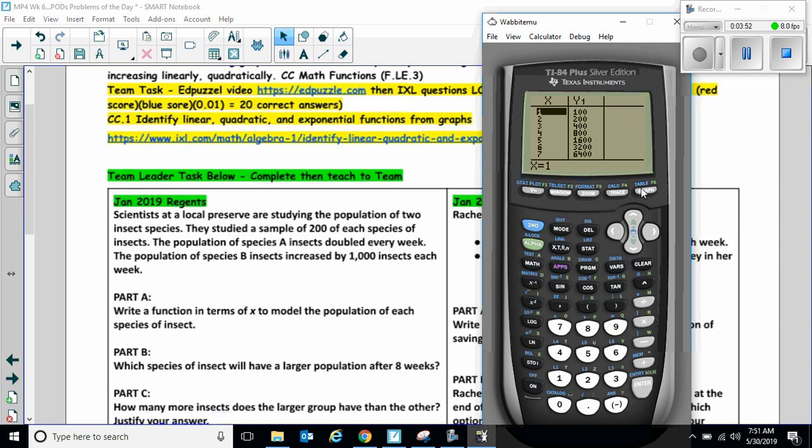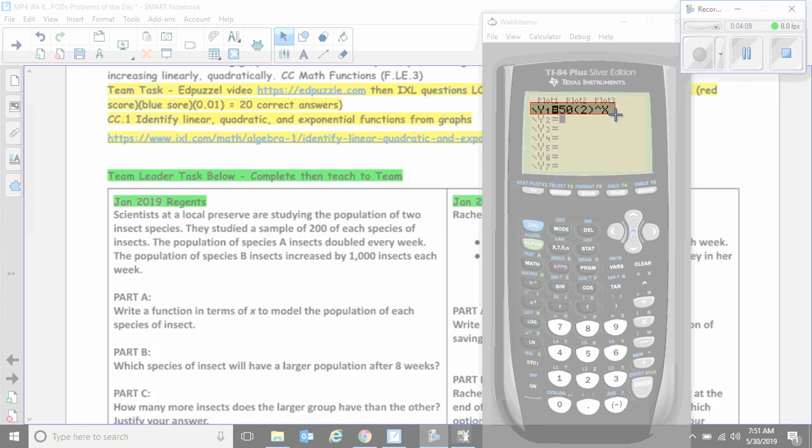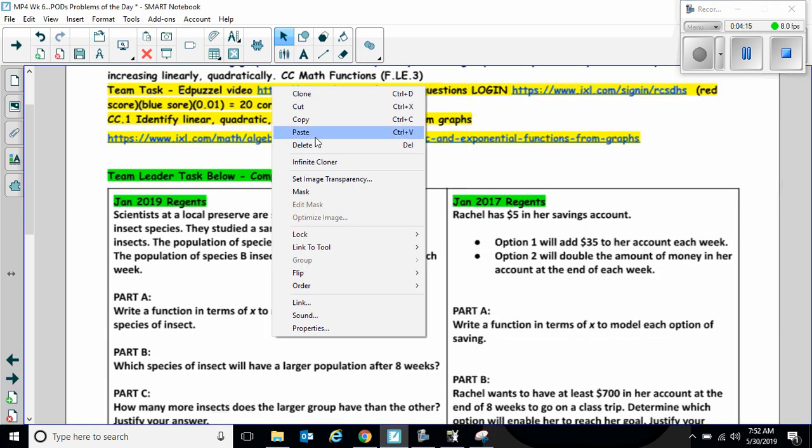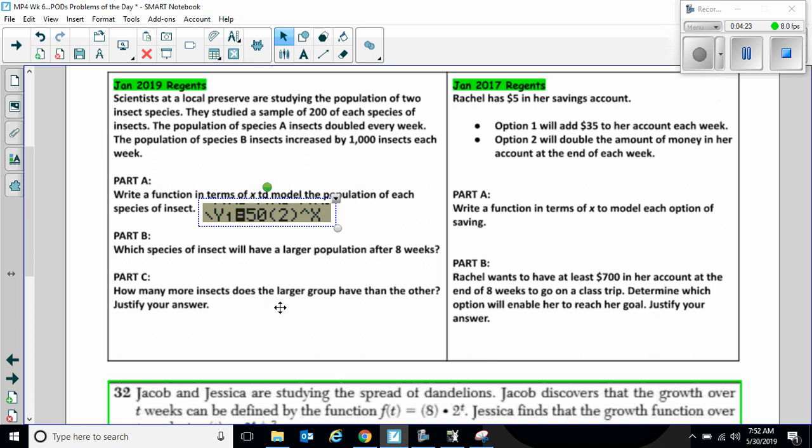So the key question now is, after how many weeks? We're supposed to write the function, so the function we will use here is simply this: take that and paste it there. Now, which species of insects has grown to a larger population after 8 weeks?